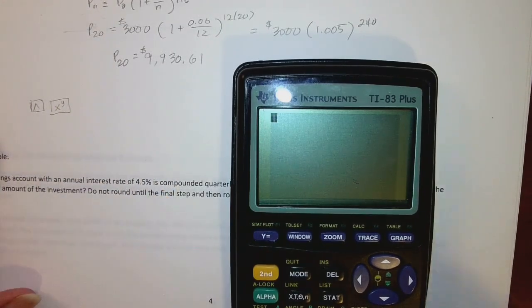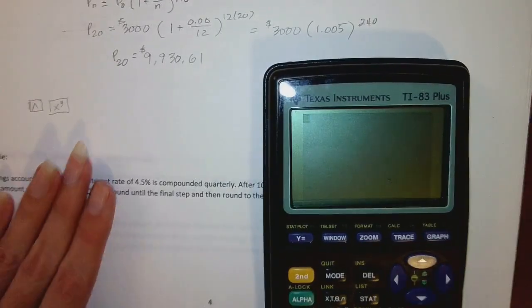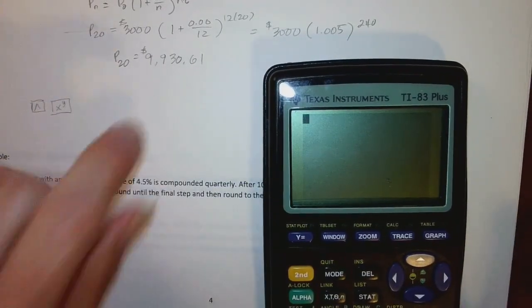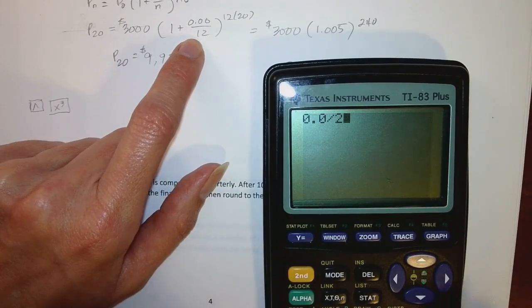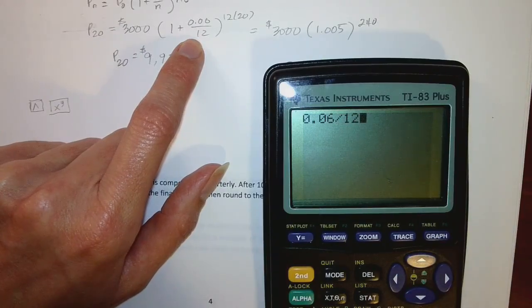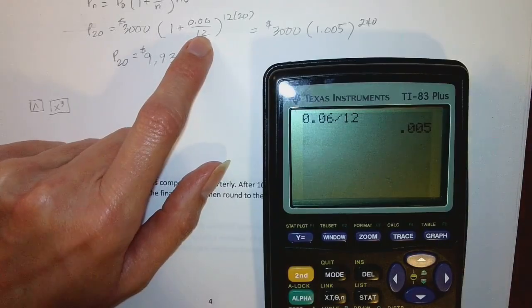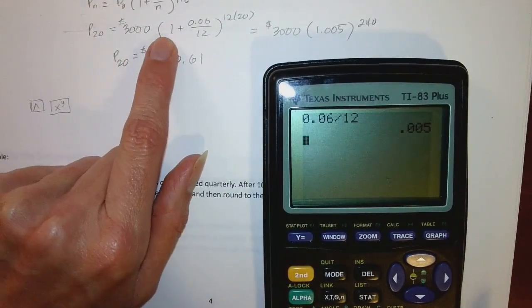They'll do the same thing on your calculator. So I would put this in. Actually, I start inside. So I'd go 0.06 divided by 12, which gives me 0.005, and then I add the 1 to it.